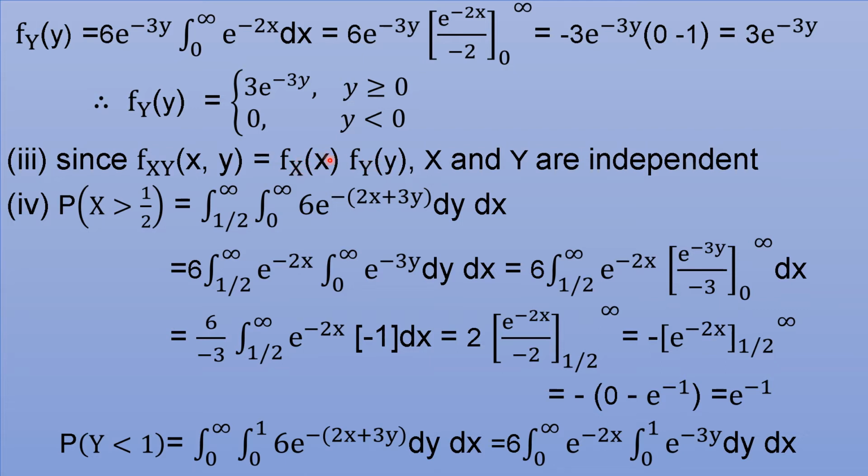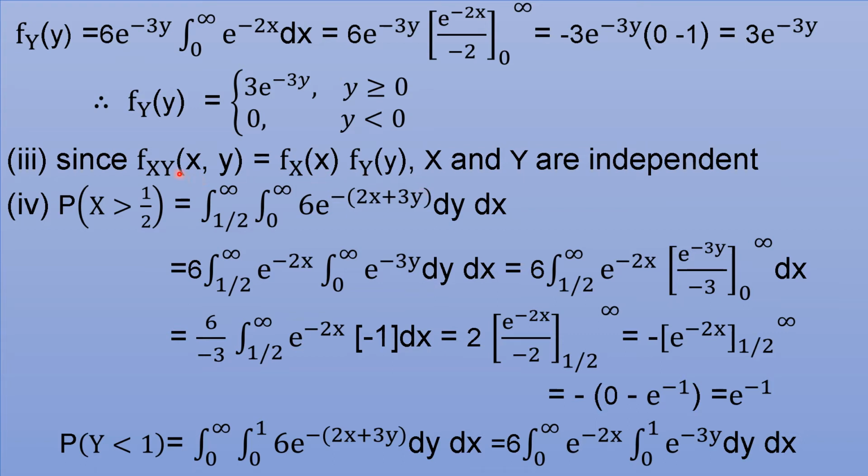Then e power minus 2x into e power minus 3y means e power minus of 2x plus 3y. So it is 6 into e power minus of 2x plus 3y for x greater than or equal to 0, y greater than or equal to 0. For x less than 0 or for y less than 0, fx of x is 0 or fy of y is 0. So the product will be 0.